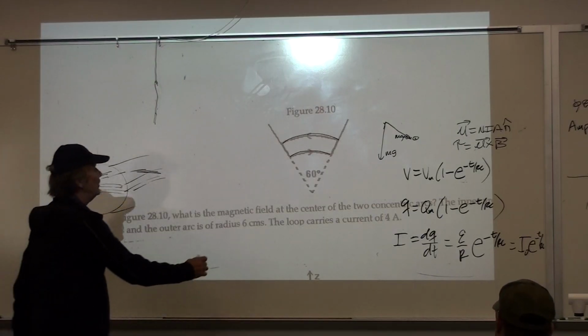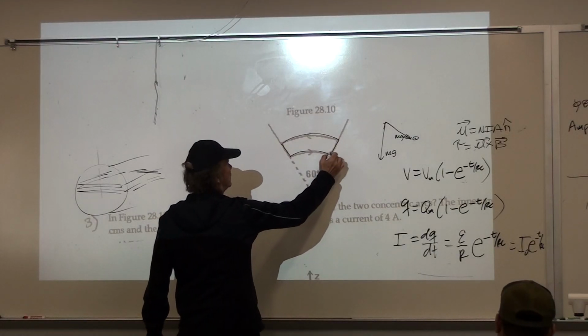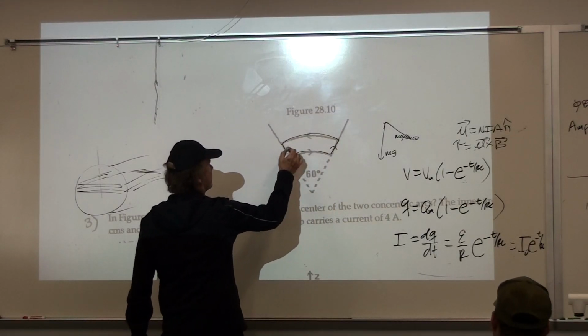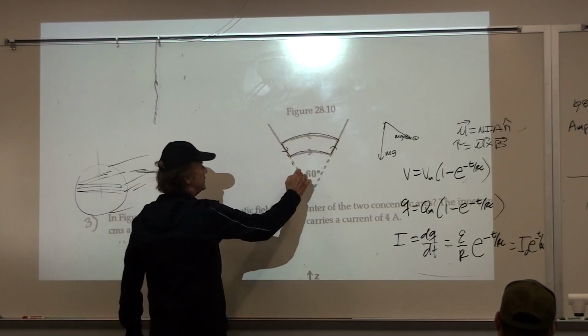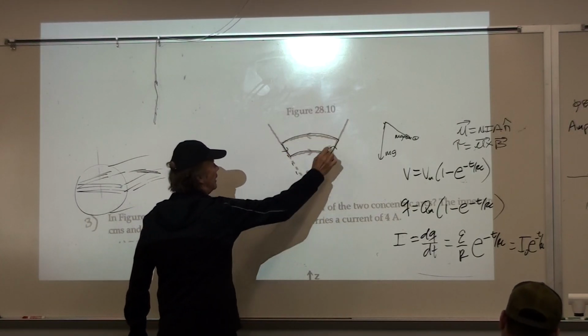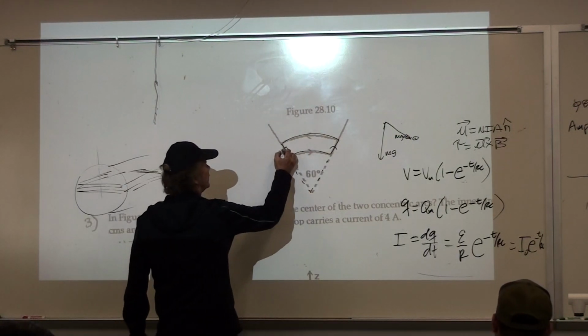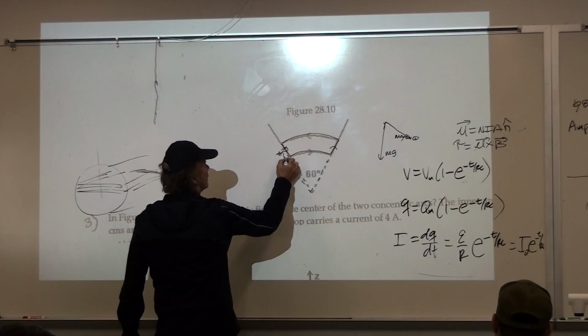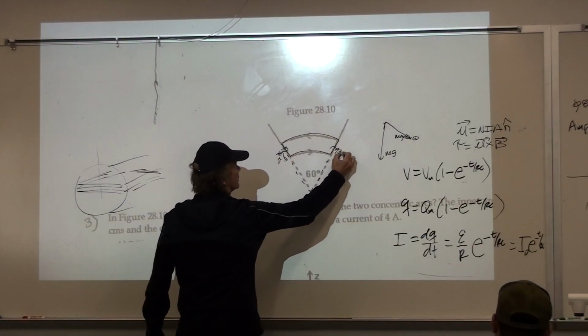And then you also have to figure out what the magnetic field contributions are due to these sections here. What would you say those are? 0, because if you extend the line of these two, they're in the same direction. So the dl and the r hat are in the same direction, or opposite each other.